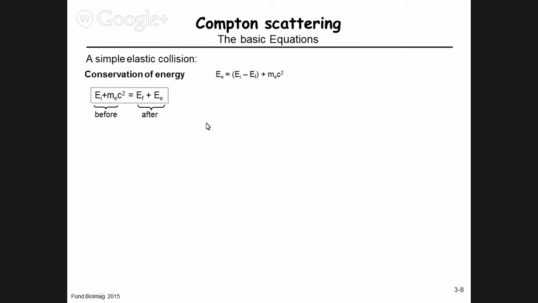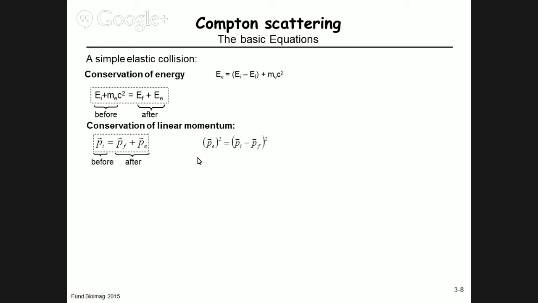The energy of the electron before, when it's at rest, plus the energy of the photon, equals EF, the energy final, which is the energy of the photon afterwards, plus EE, the energy of the electron afterwards. With conservation of linear momentum, again before and after, we'll assume the electron is at rest, so it has no linear momentum, and we express the linear momentum of the electron as part of the change in linear momentum of the photon.